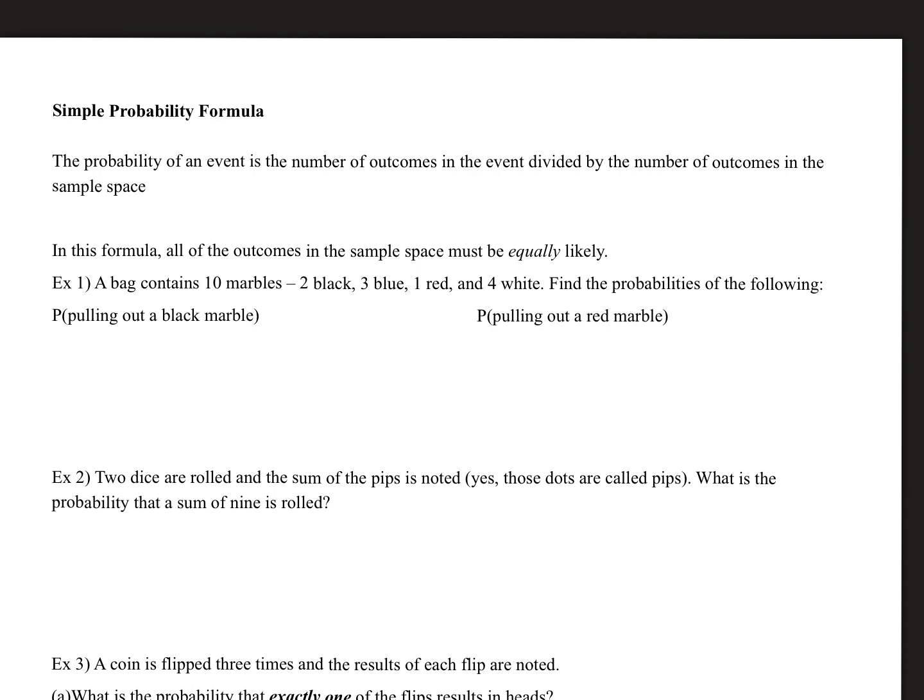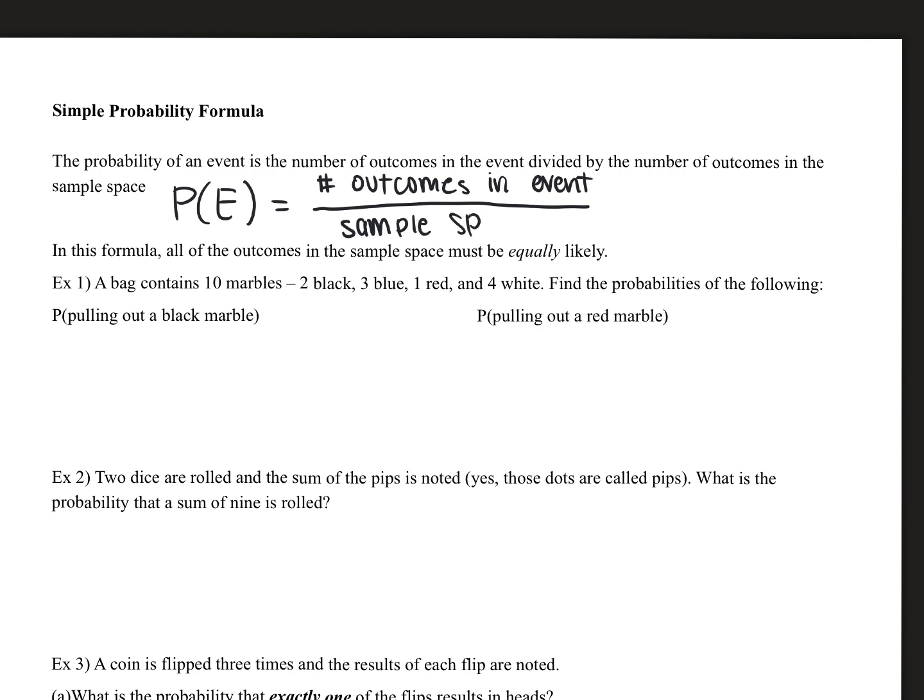So the way we write that, we can say the probability of our event, which I'll denote E, is the number of outcomes in event over the sample space, which is how we get 1/2 for a coin flipping heads, because there is one outcome that results in heads, and the sample space has a total of 2 outcomes, which gives us 1/2.